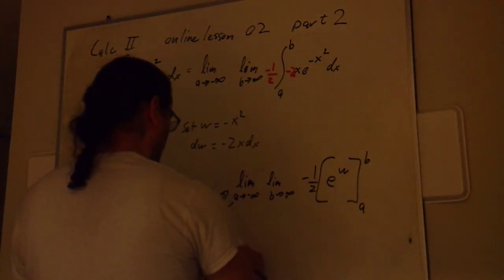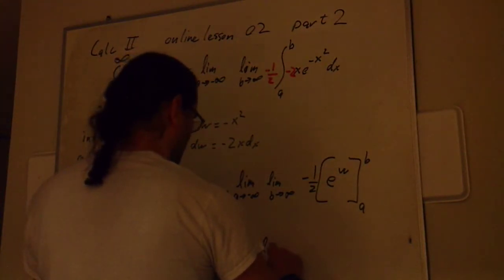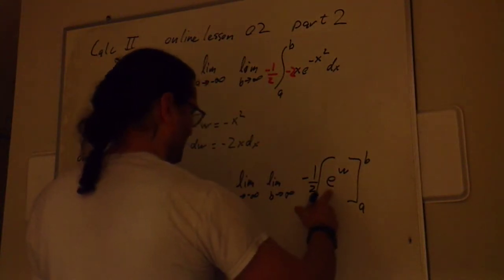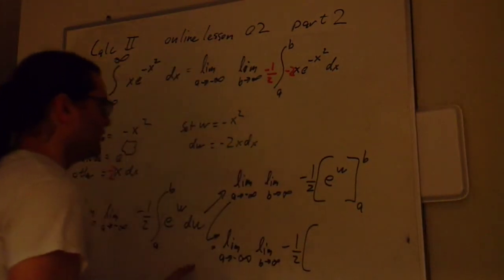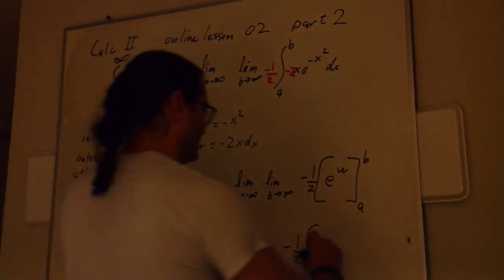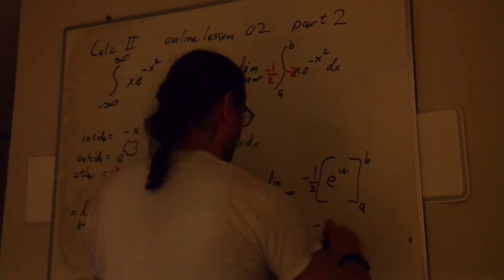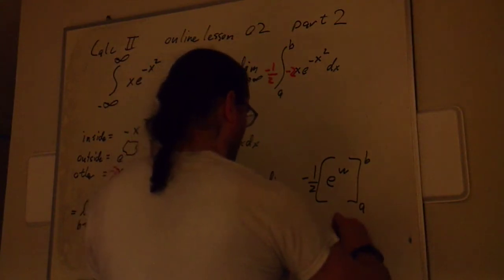The limit as a approaches negative infinity, the limit as b approaches positive infinity of negative 1/2 times... w was negative x squared. So I'll have e to the negative x. I'm going to put in the a's and b's as well for space.